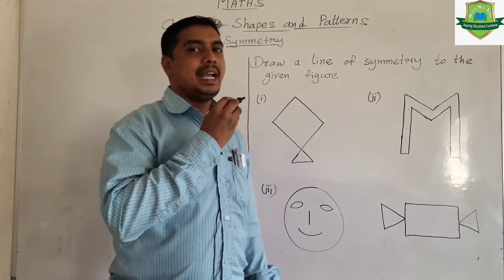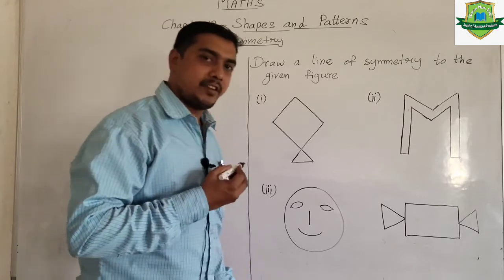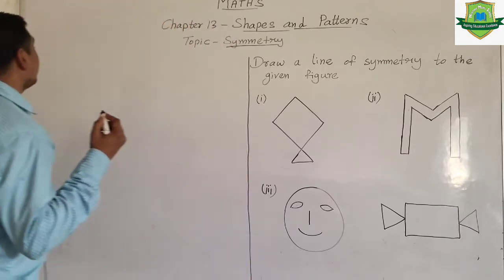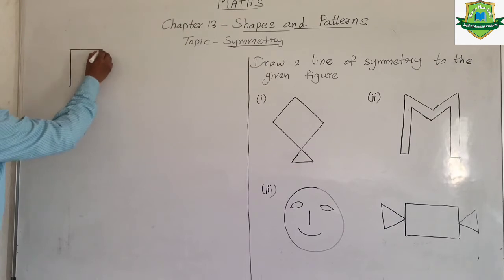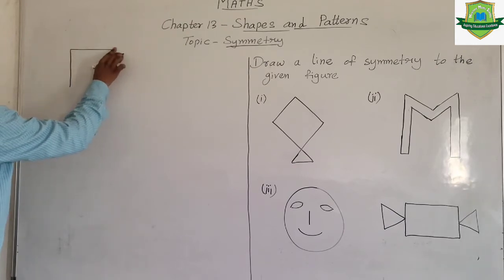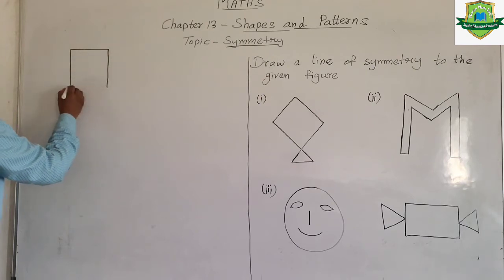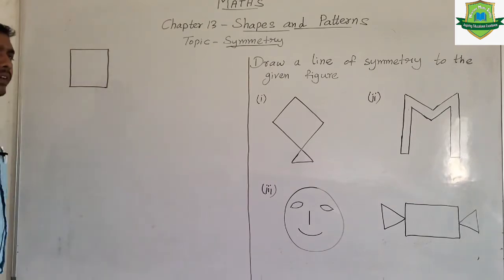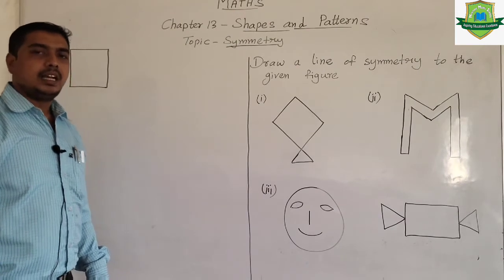Okay, so I am doing it on the board, you all be with me and watch carefully. I am drawing one square here. I may draw a square or a rectangle. I am drawing a square here. In this square, can I divide it into two parts, isn't it?